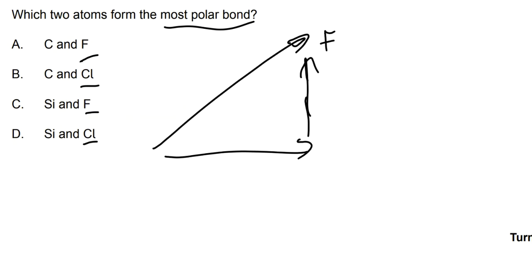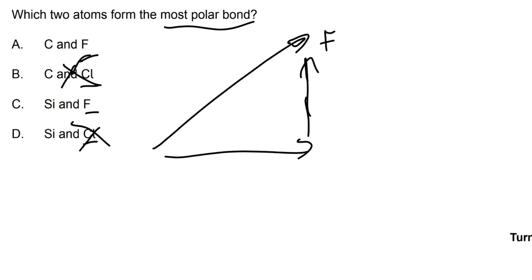Since fluorine has the high electronegativity, we can eliminate the chlorine options. So we're going to be left with carbon and fluorine and silicon and fluorine. We're going to think about between carbon and silicon, which one has the smaller electronegativity, because fluorine has the larger one. We've got to find out how we can maximize this difference in electronegativity.